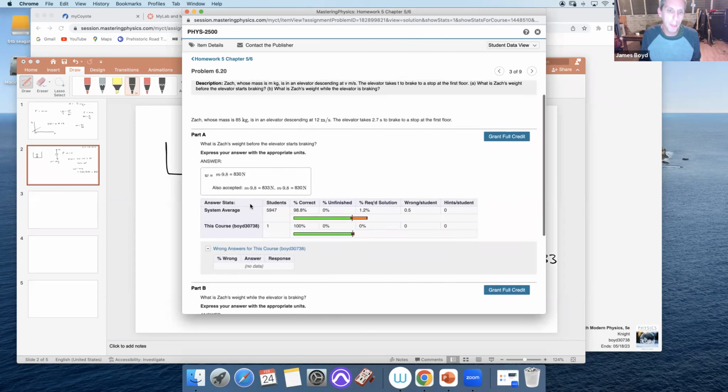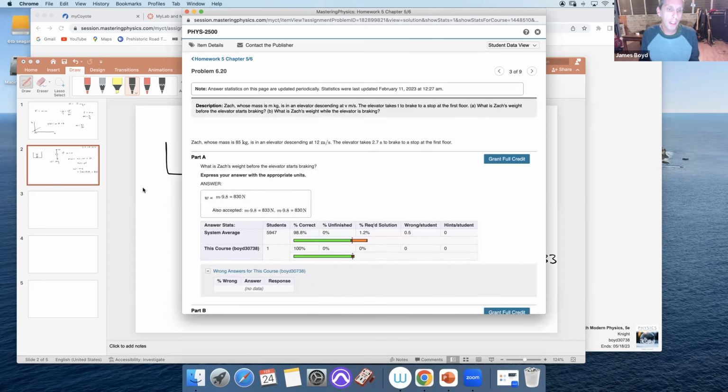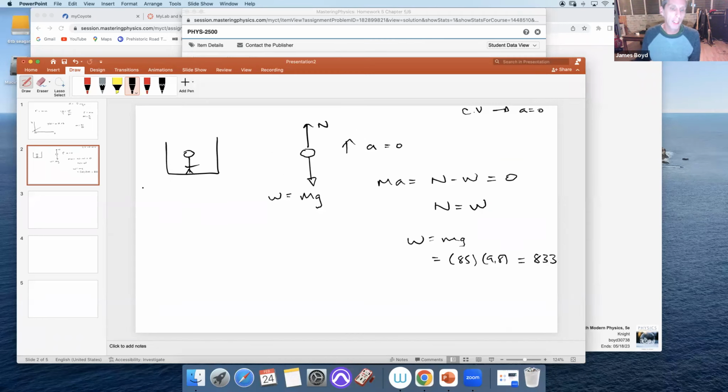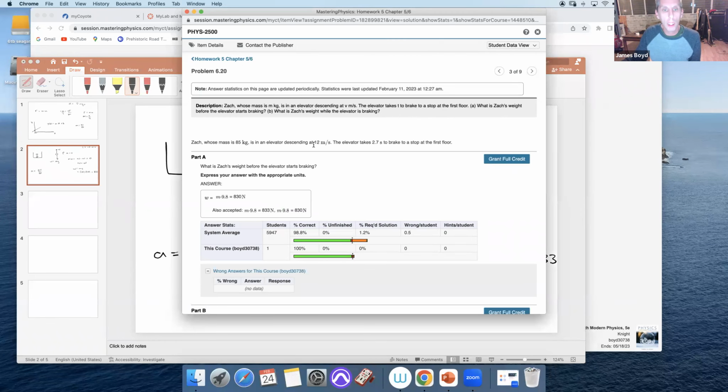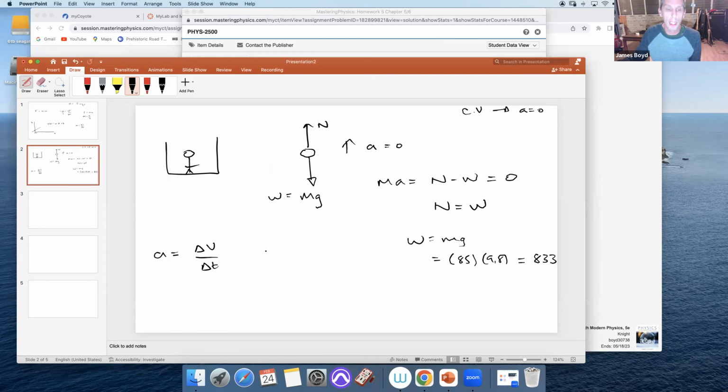When it begins to brake, in order to figure out the acceleration, remember that acceleration is the change of v over the change of t. It was descending at 12 meters per second, and it took 2.7 seconds. So this is v final minus v initial over t. V final is 0.